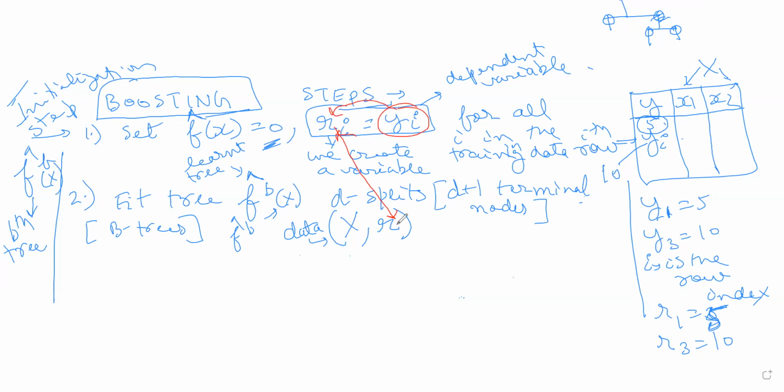That means you're basically fitting it to y only, by storing the values of yi in a variable called r. Is this clear to you? It's as if you're fitting it to y only. Agreed or not?